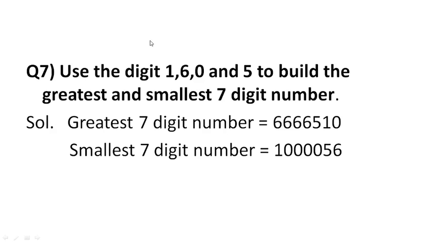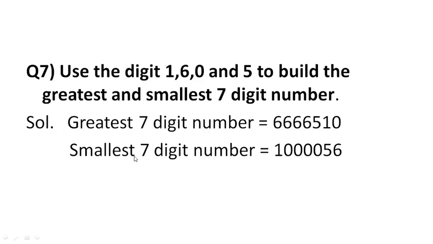Suppose you are given the 2 digits 1 and 2 to form a 2 digit smallest number. What is the 2 digit smallest number? 12. And what is the greatest 2 digit number? 21. What have you done? You have just changed the order of the digits according to your requirement. If you want to write the smallest number, then you write the digits in ascending order.